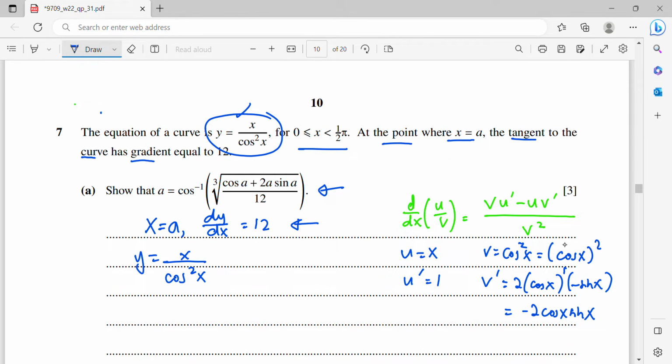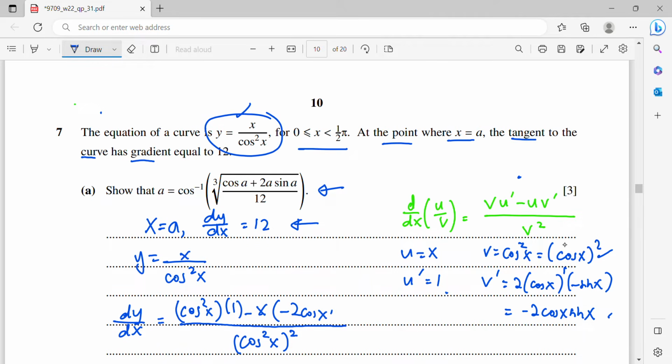Now use the formula, the quotient rule, this green color, then substitute all the terms. So now I'm getting v squared, which is cos square x squared. Numerator: vu prime is cos square x times 1, minus u v prime, x times negative 2 cos x sin x.